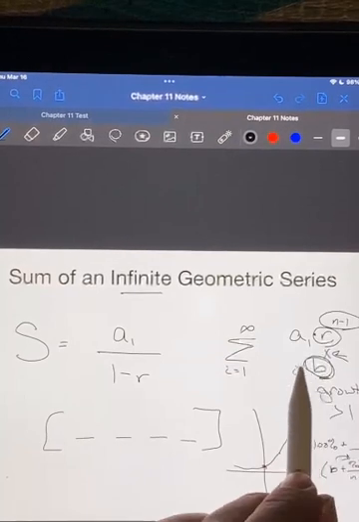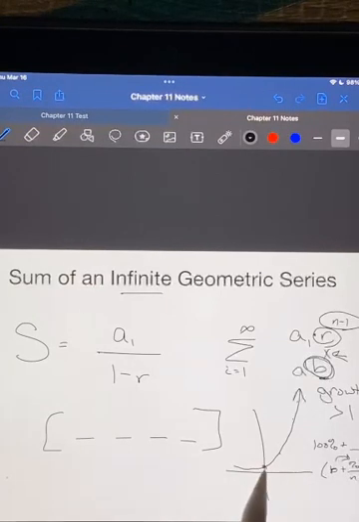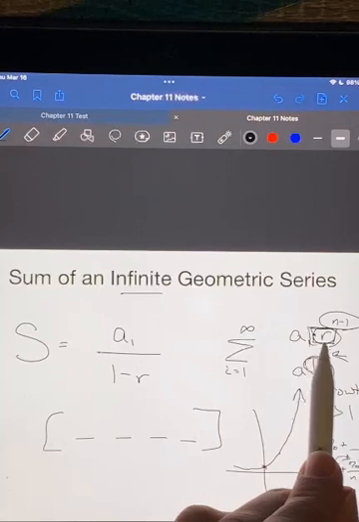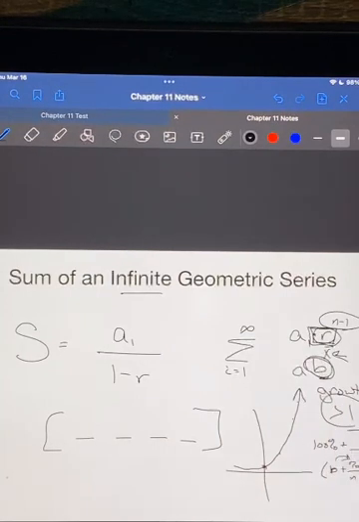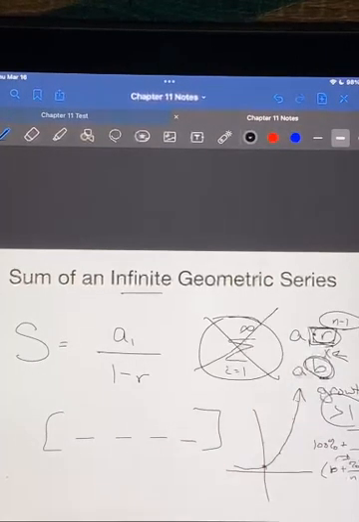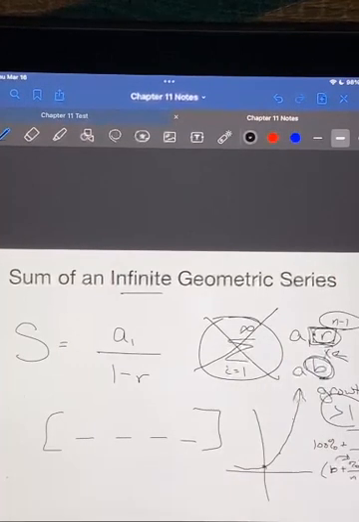So anytime our value is greater than 1, we know it's growth. What we can deduce from that is anytime our series has a rate or a ratio that is a growth rate, meaning it is greater than 1, you will not be able to sum it up. It will not have a number that it will come close to, because it is forever going up and our numbers are getting bigger and bigger and bigger.